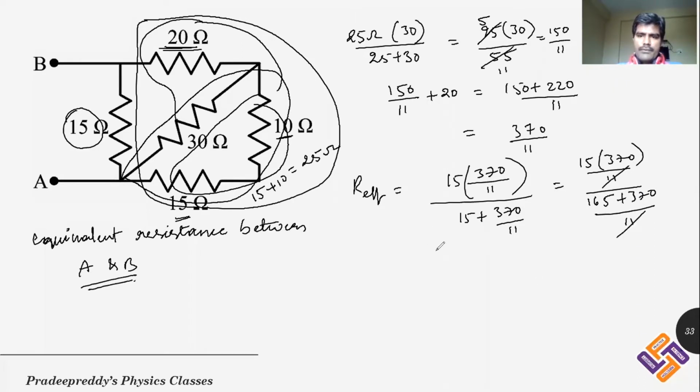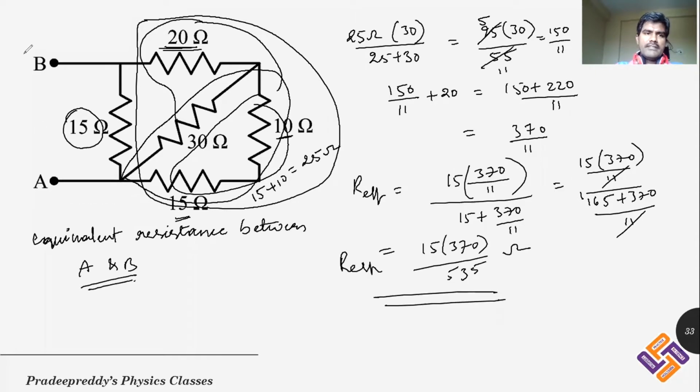This is equal to 15 into 370 divided by 535 ohm. You can resolve this, and you will be getting the effective resistance between A and B.